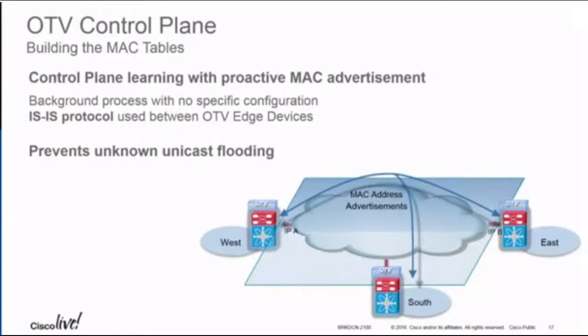Now, with this, it also prevents unknown flooding. If there is any unknown unicast flooding, if it doesn't find it in its control plane, the OTV edge device will make sure that the packet is dropped and not propagated towards the other data centers. When we talk about the unicast flooding sections, which is in the upcoming slides, I'll explain to you in detail, and some of the other platforms which support it also.